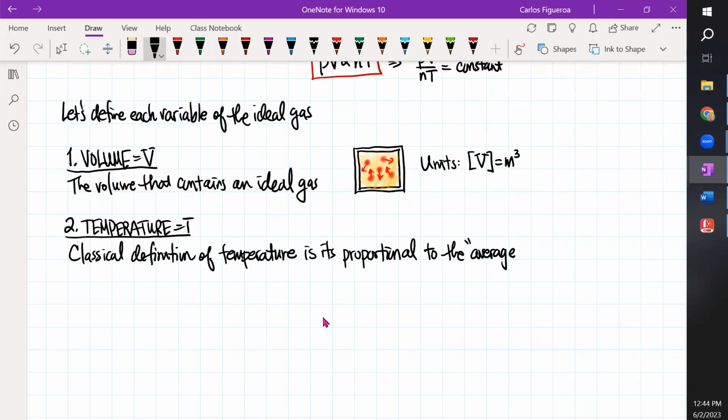This average is actually called the RMS value, and we'll get more on this in chapter 3, but it's the RMS average. But most of the time I just call it average. It's proportional to the average kinetic energy of a gas particle.